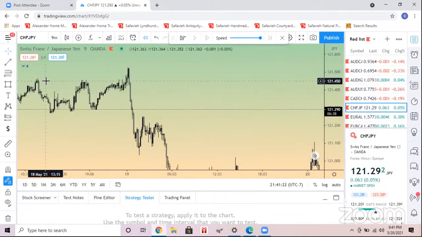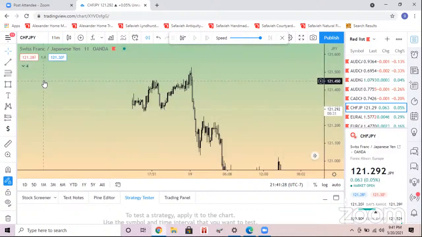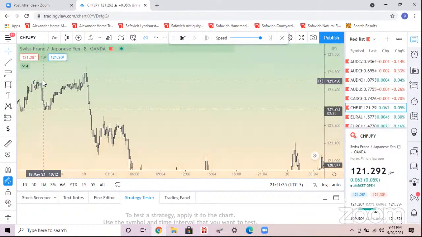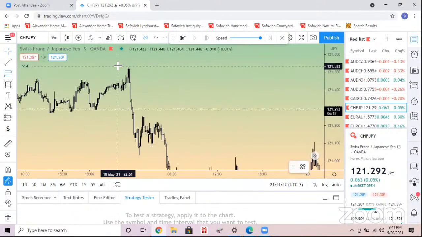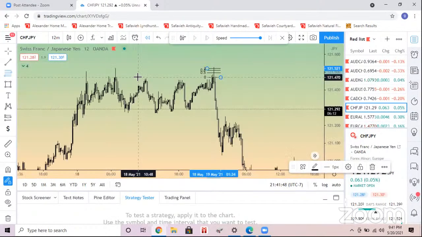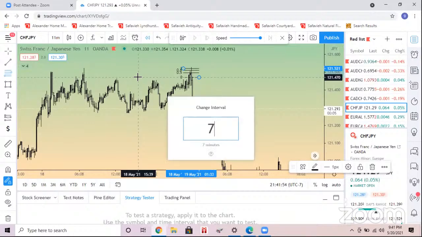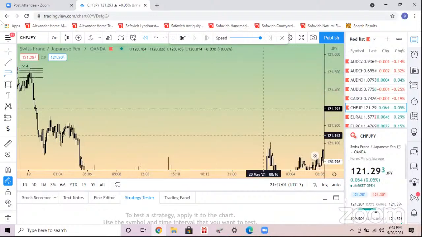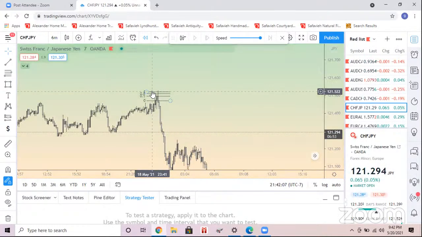At 9 minute. Ten. So right now I'm looking for a confluence, to see if any other candles line up at the 50 or the 80.